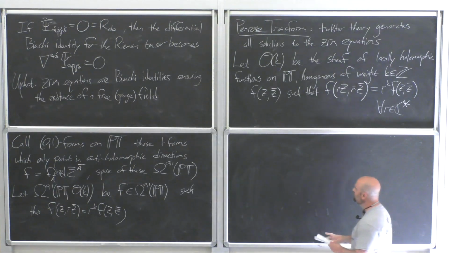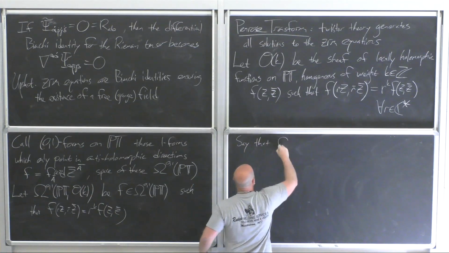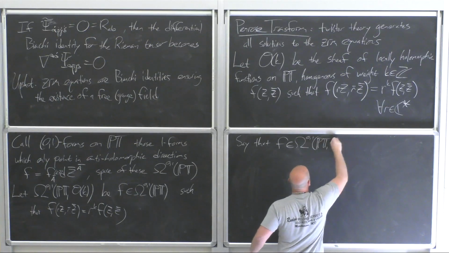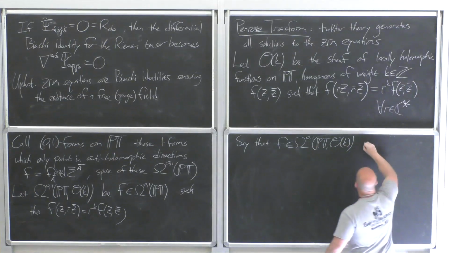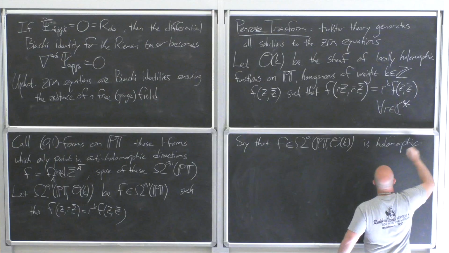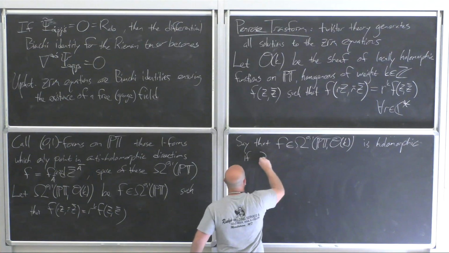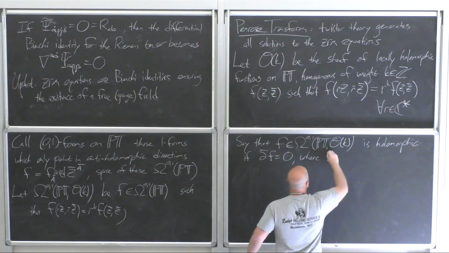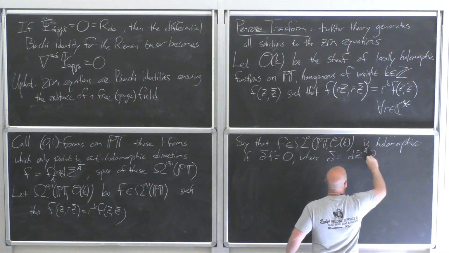Okay, so now we're going to say that a 0,1 form on twistor space of weight k is holomorphic if it satisfies the Cauchy-Riemann equations. So if d bar of f is 0, where d bar is the anti-holomorphic Dolbeault operator.